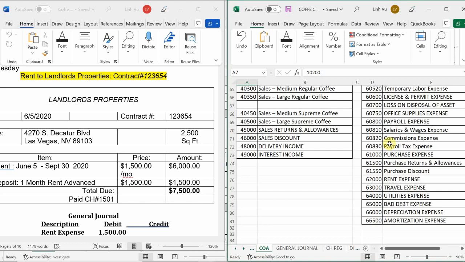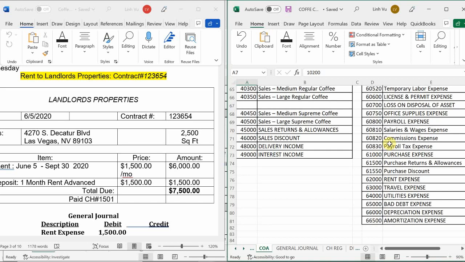Now, let's take a look at this. How many months of rent did I actually buy? So Norman, how many did you say? You said 3 months. And Tommy, you say 3 months.